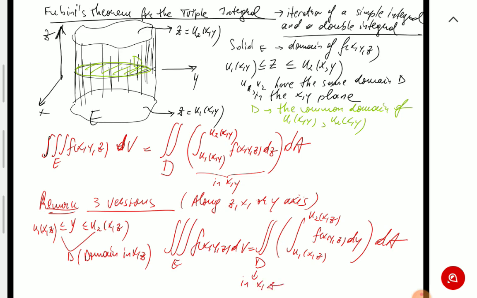So that's the domain for u1 and u2. I'm not going to write the third one, but I think you get the gist. If x is between two functions of y and z, then you can set it up like this as well.